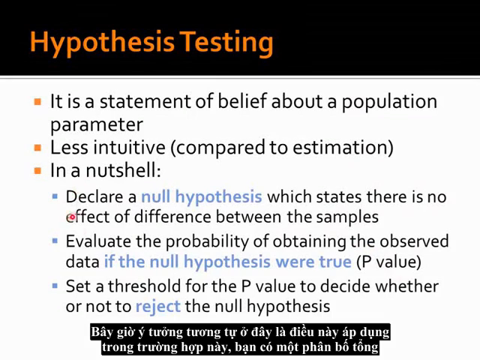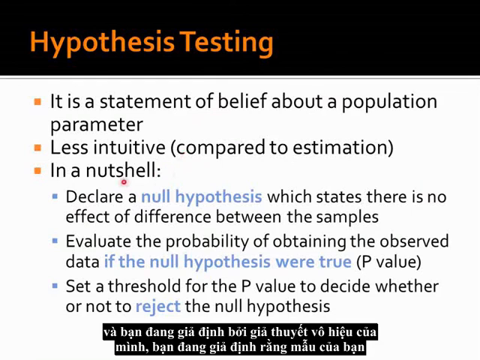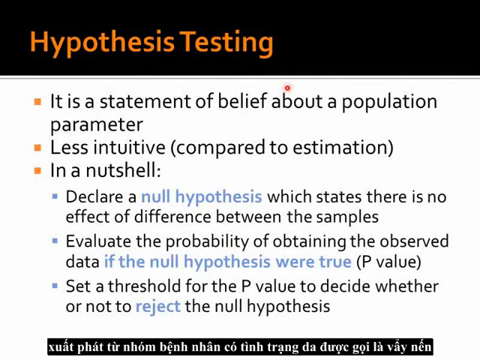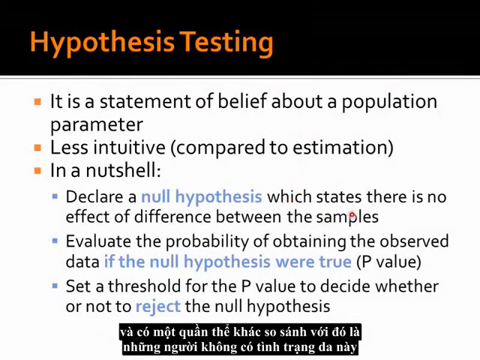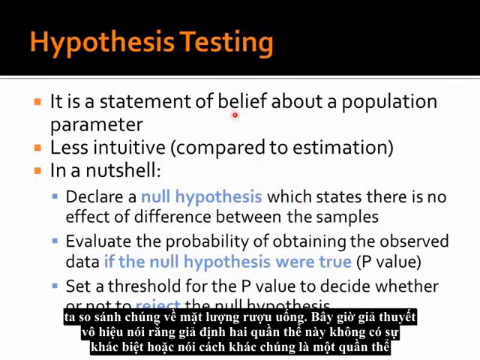In this case, you have a population distribution, and you are assuming, remember, by your null hypothesis, that your sample comes from this population of patients who have this skin condition called psoriasis, and there's another population you're comparing to, which is the people who do not have the skin condition. You're comparing their mean alcohol intake.